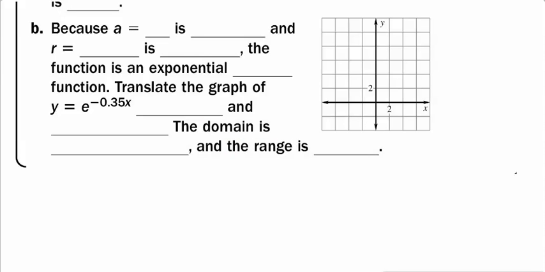Now, if we look at part B here, it says A equals, and there's no number in front of the e, so A is 1. There's no coefficient that you see, and so that's a positive number.